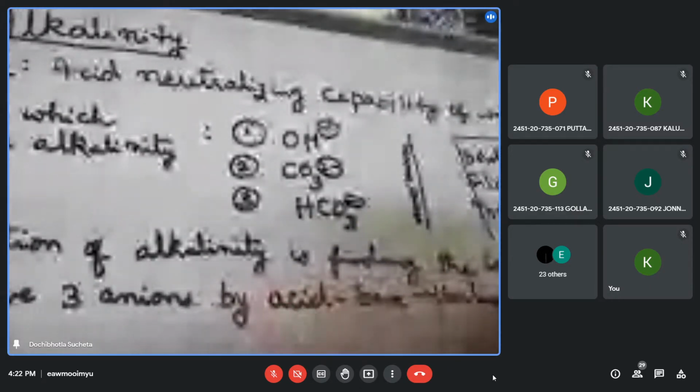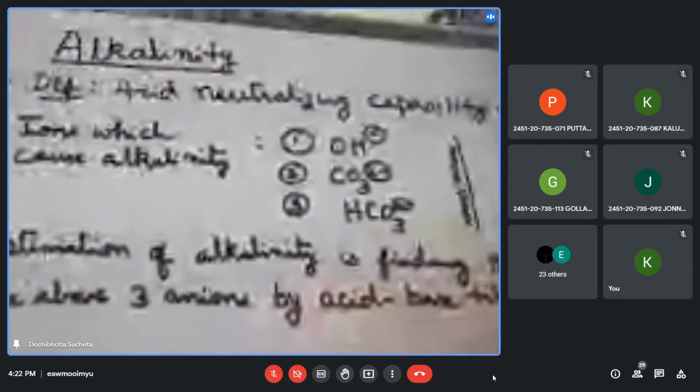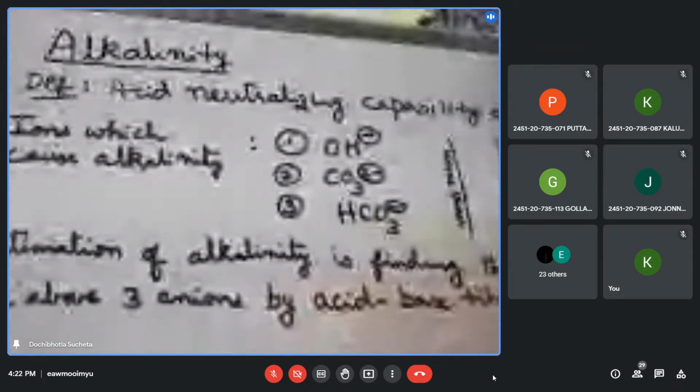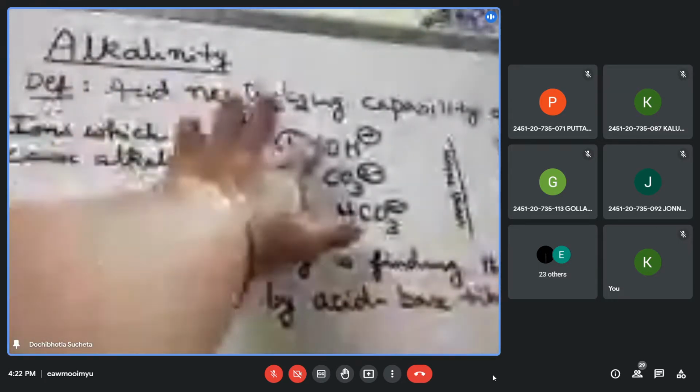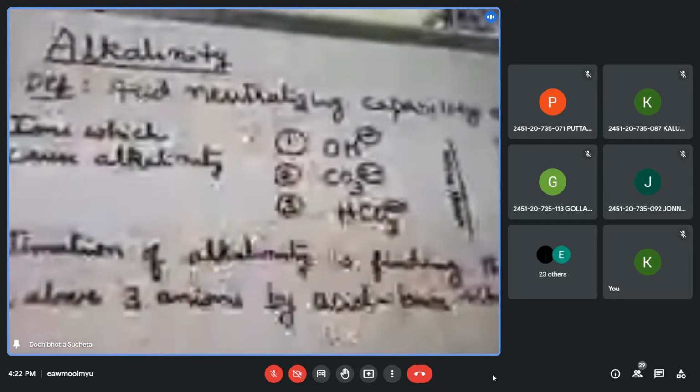That's the major one. So when I'm finding the alkalinity of a particular sample of water, I'm talking about finding the concentration of these OH minus, CO3 2 minus, and HCO3 minus ions.